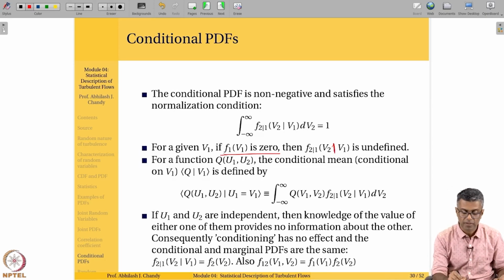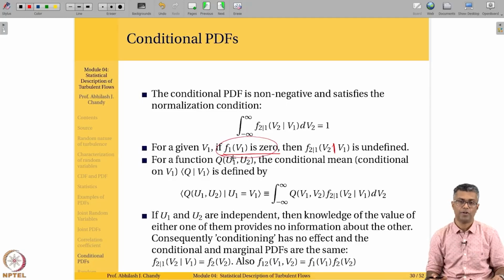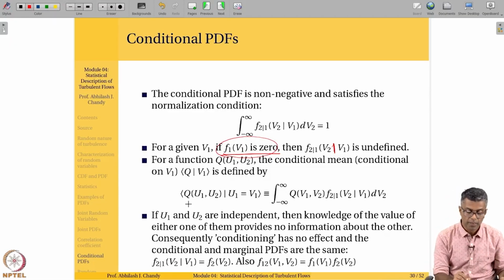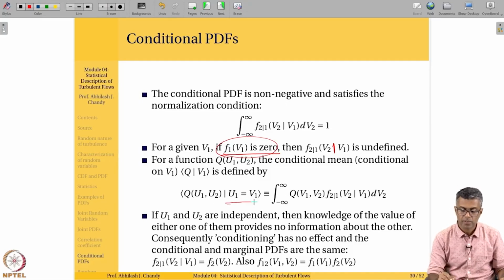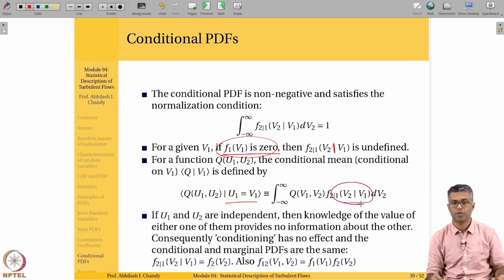And if this F1 of V1 is 0, then you cannot define the conditional PDF. So just like you have conditional PDF, you have obviously conditional mean as well. So the conditional mean of Q(U1, U2) conditioned on U1 equals V1 is that variable multiplied by the conditional PDF. So Q of V1, V2 times F2|1 of V2 conditioned on V1, integrated with respect to V2.